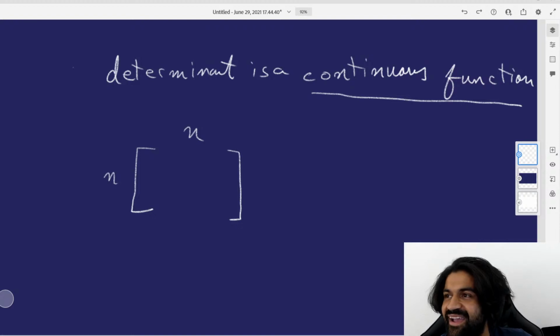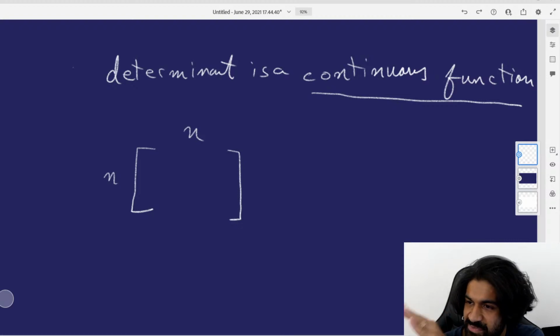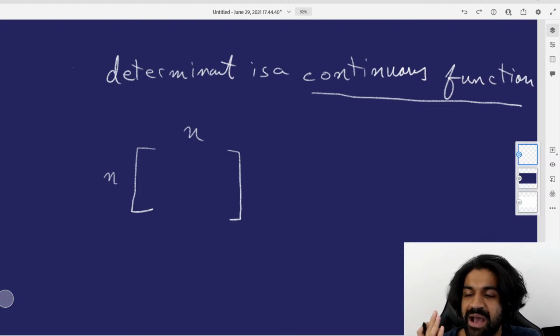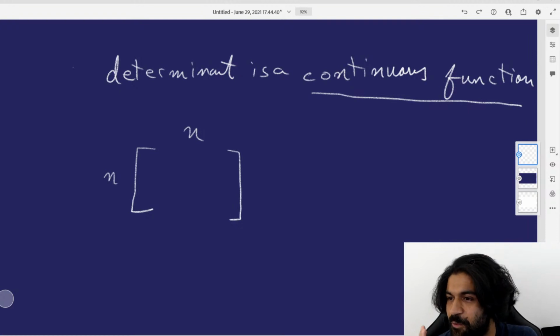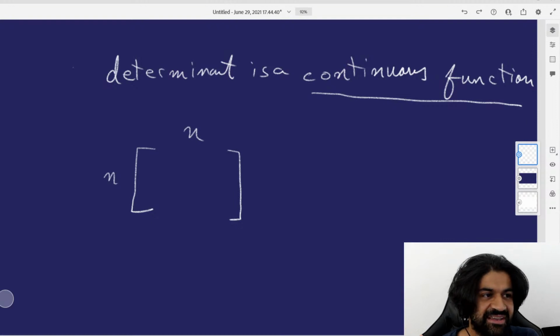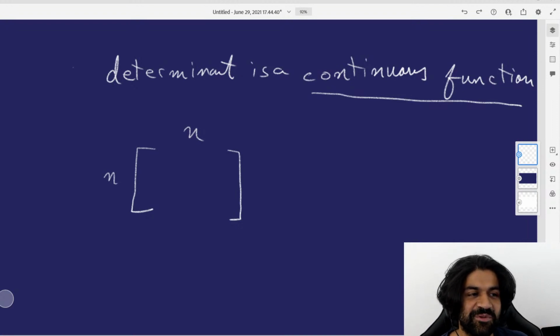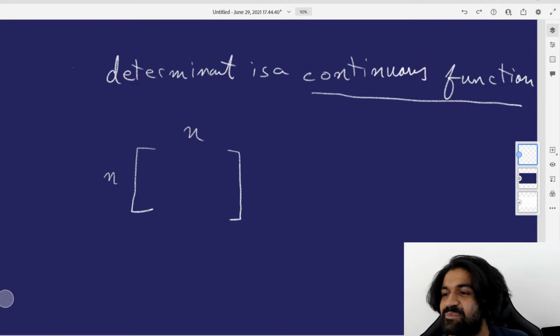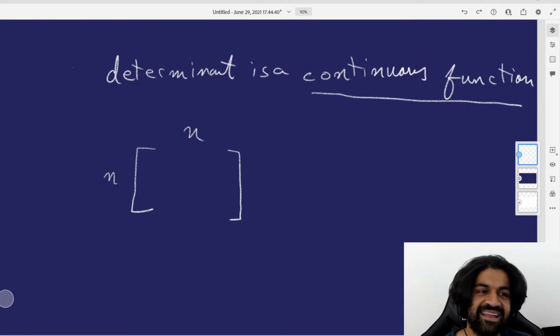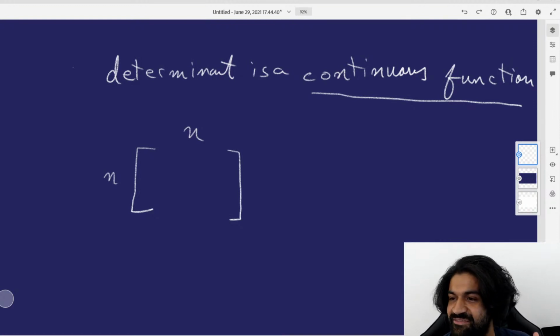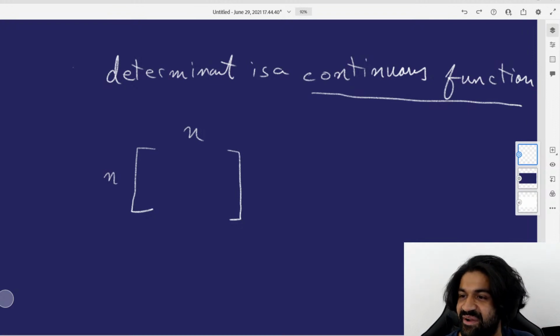The only way for this matrix to not be invertible is if it maps to something of volume 0, right? It maps to something of volume 0 if and only if the determinant is 0. So the idea is that you get an invertible matrix if the determinant is any number other than 0, and you get a non-invertible matrix if the determinant is 0, right?